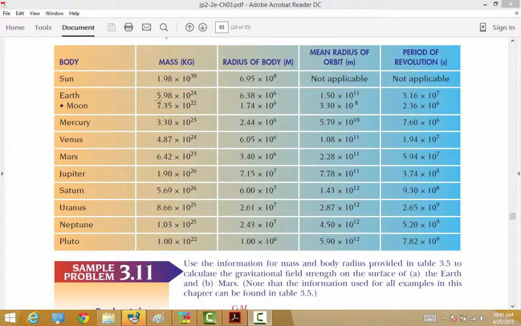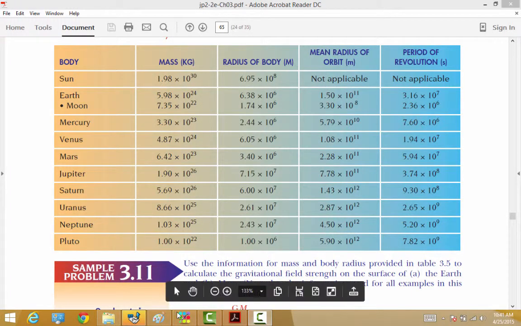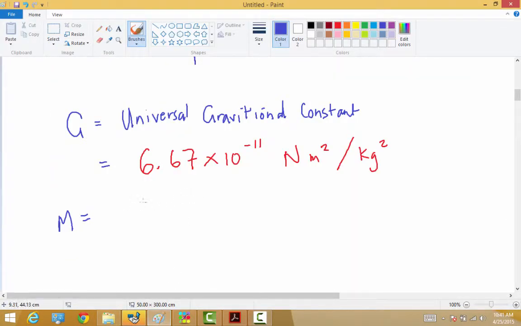The mass of the Earth here is 5.98 times 10 to the 24 kilograms.